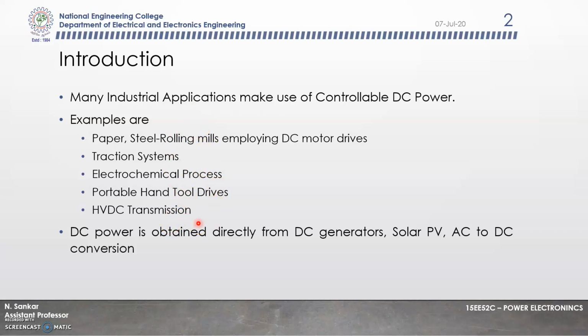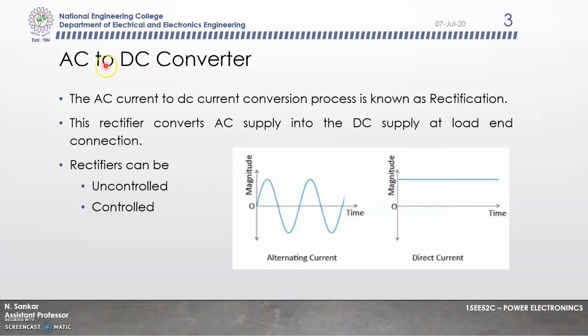So how do we obtain DC power? Either from DC generators, or directly from solar PV panels, or else, mostly, we generate AC and convert the AC into DC. For this conversion we mainly use a rectifier, that is called an AC to DC converter.